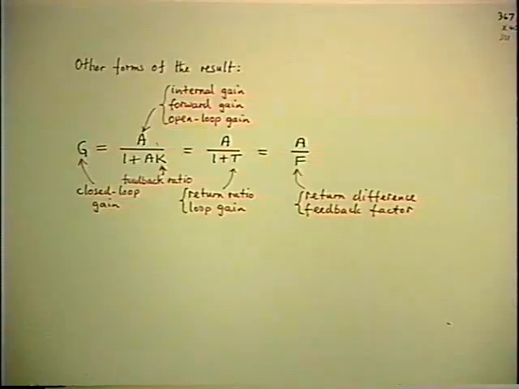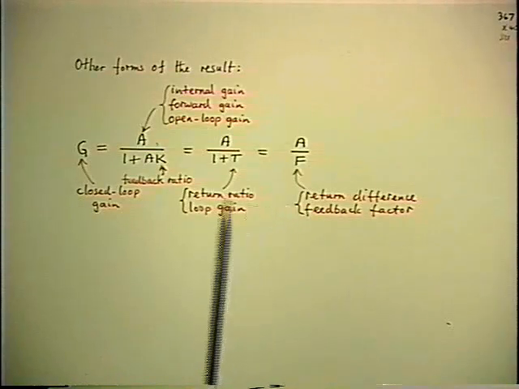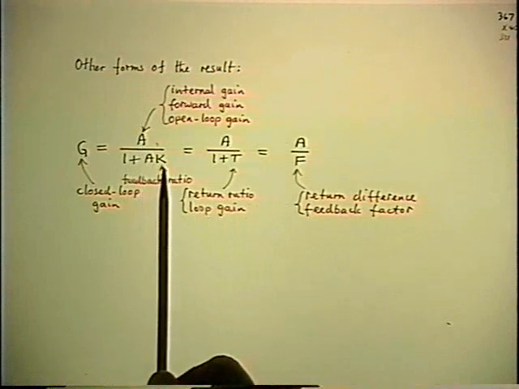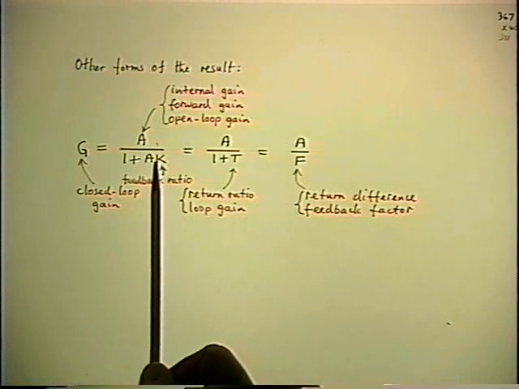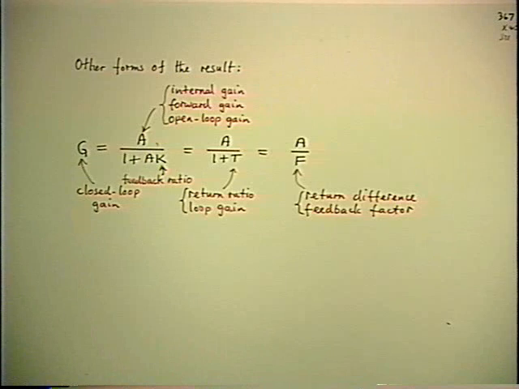This familiar form really isn't the most useful form, especially with regard to electronic circuits, because the usual approach to analyzing the feedback system is to calculate A and K separately and put them into this equation and find the G. And that's not easy to do because in order to find A and K separately, you break the loop.